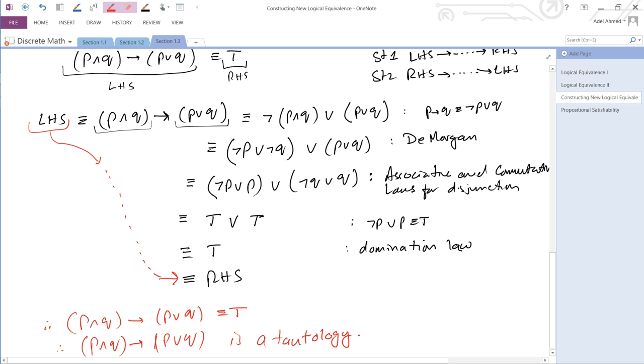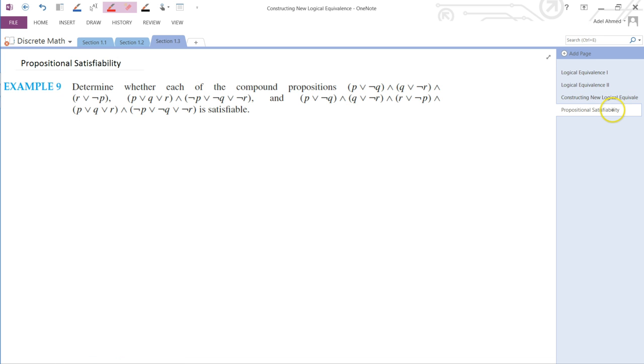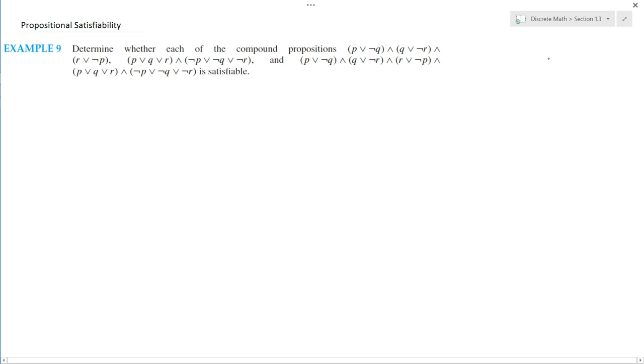The last topic that we're going to cover is propositional satisfiability. Basically, a compound proposition is satisfiable if there is an assignment of truth values to its variables that makes it true.